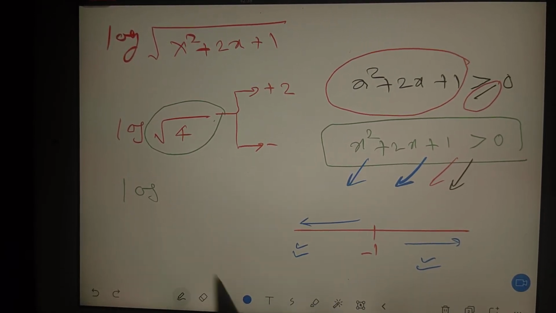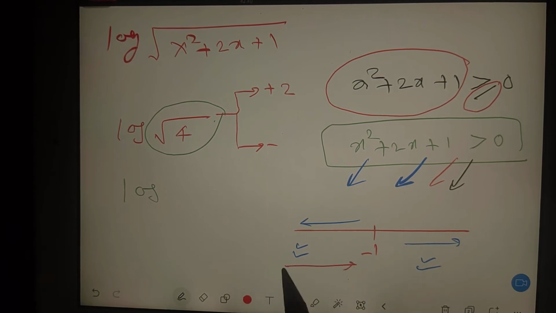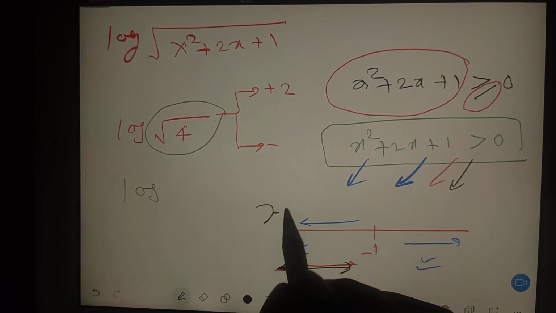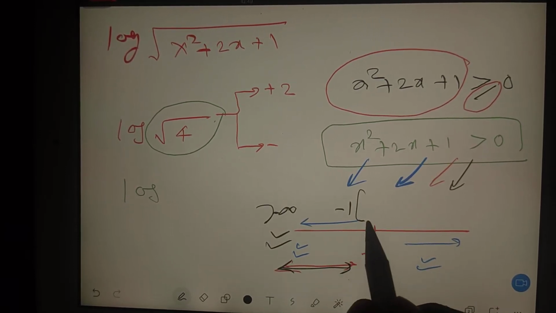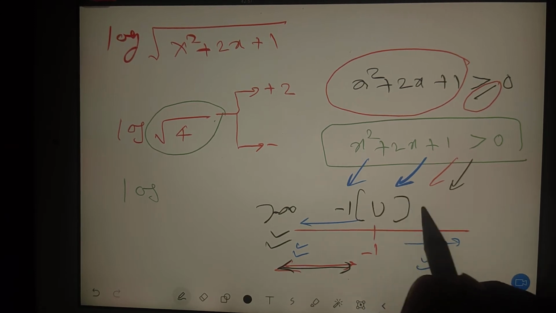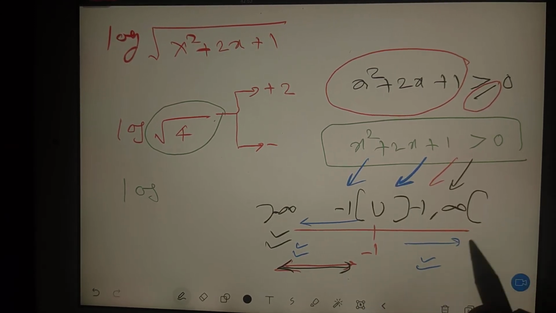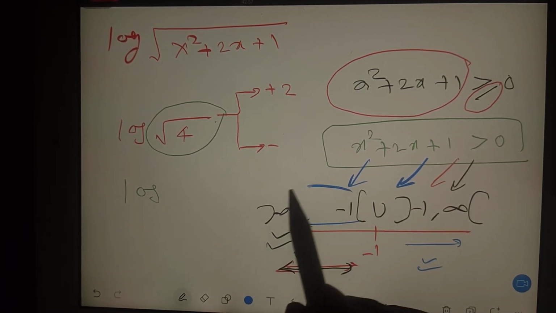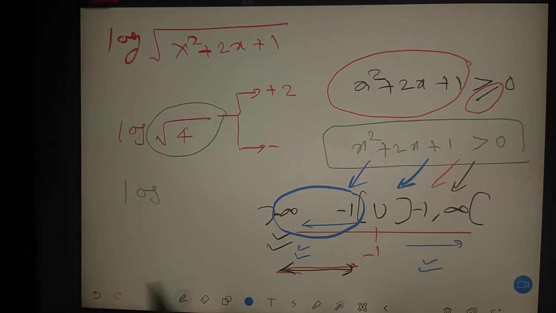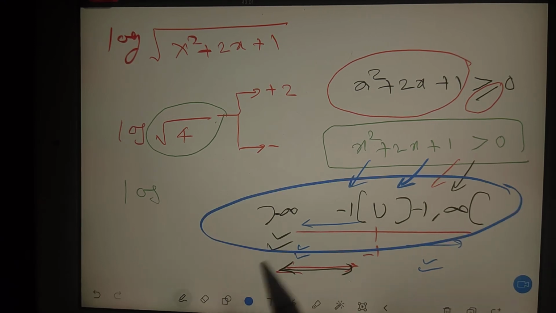So you have to say, in this total answer, from minus infinite to -1, you can take your domain. Union from -1 to infinite, again you can take your domain. So okay, this is the answer. First of all, this is the answer.